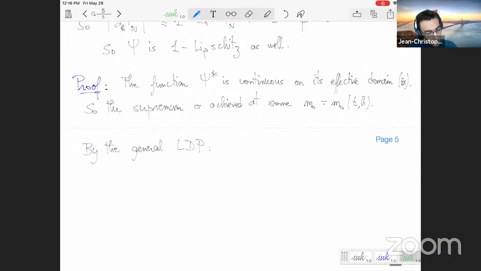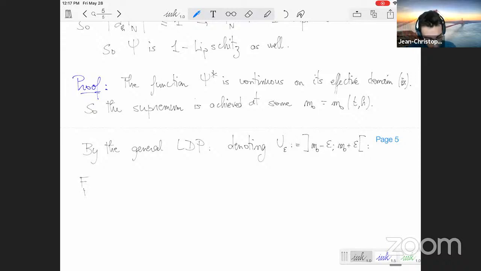So let's say, denoting U epsilon the small open interval (M0 minus epsilon, M0 plus epsilon), for some small epsilon.